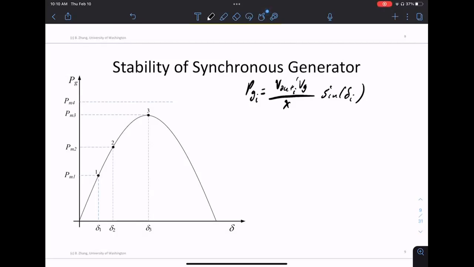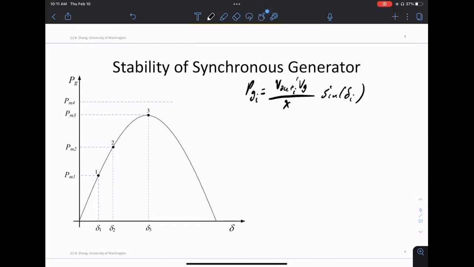Let's say you pick an operating point here. That's your PM. Let's say you're asked to give more power. The way you do it is you increase your angle a little bit to provide more power. If you're asked to provide less power, decrease your angle a little bit. Now suppose you're stuck on here.